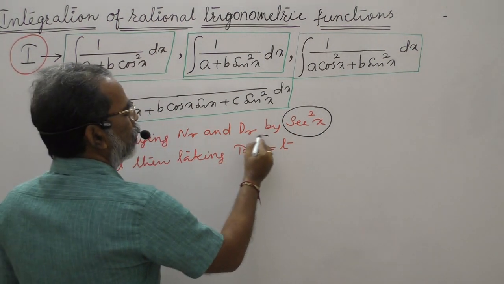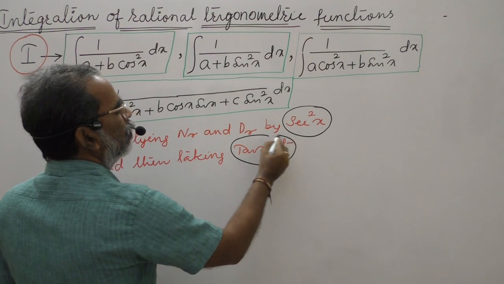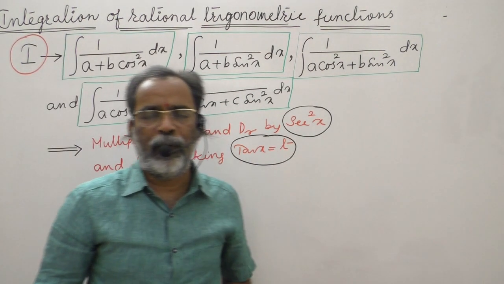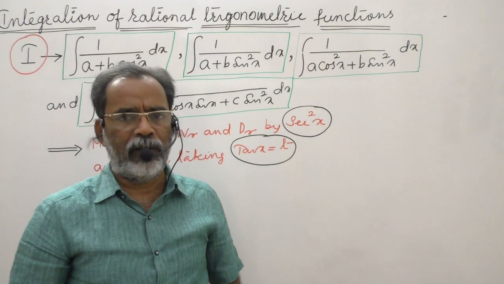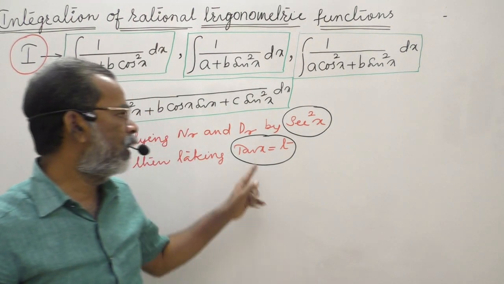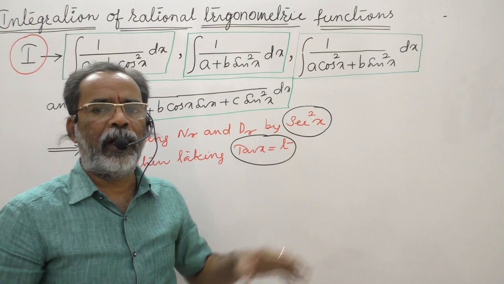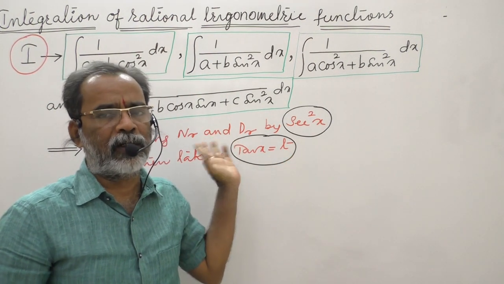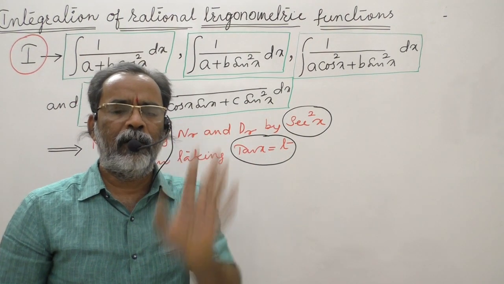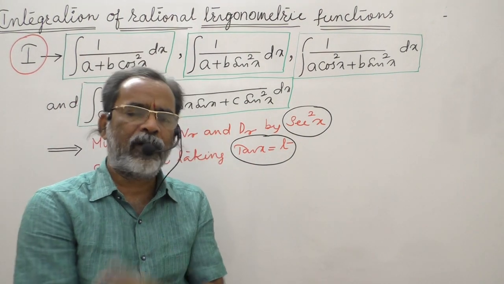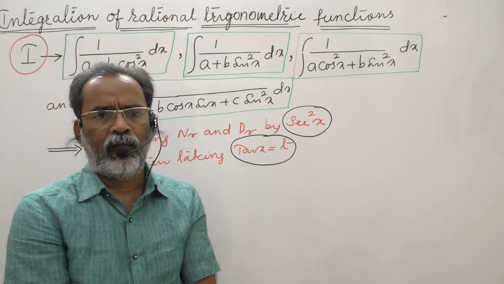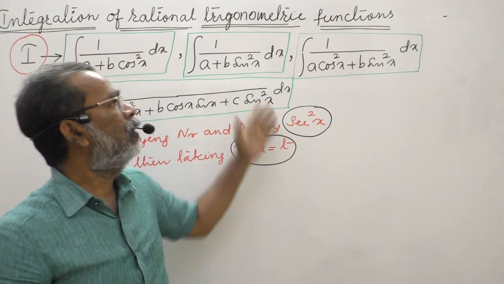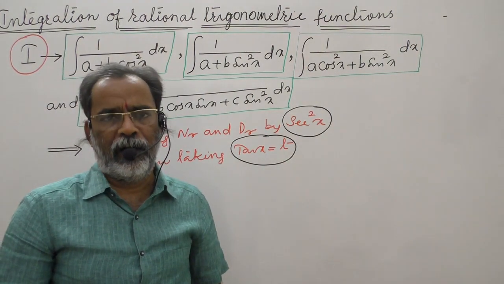Then taking the substitution tan x equal to t. By multiplying numerator and denominator by secant square x, then taking the substitution tan x equal to t, those integrands automatically become standard integrands.